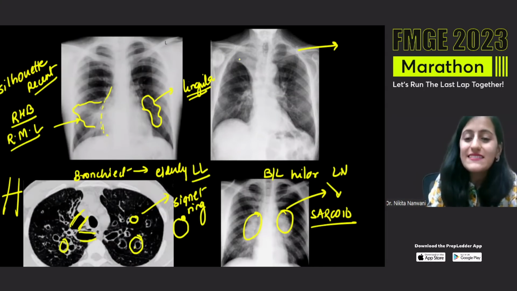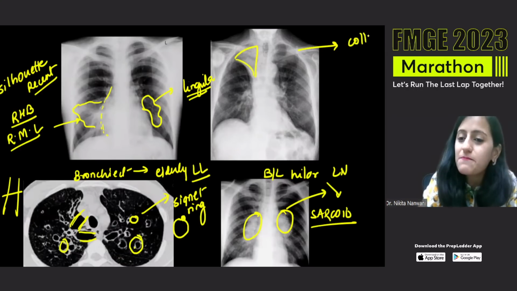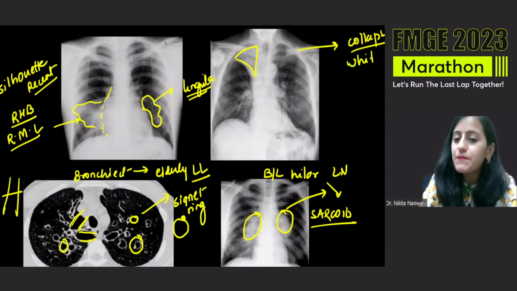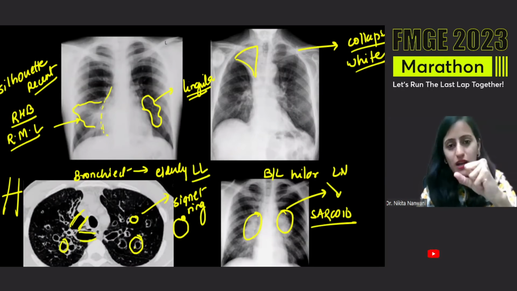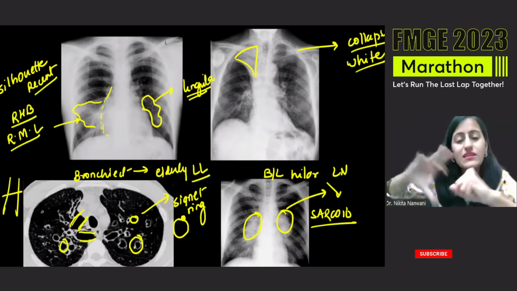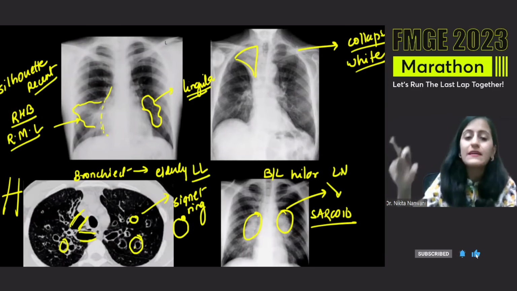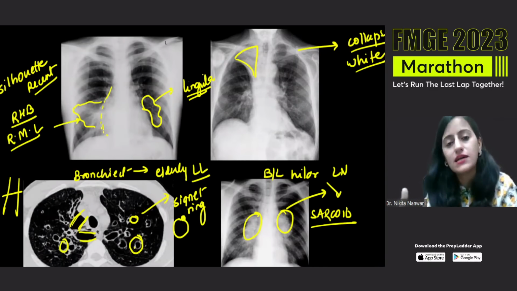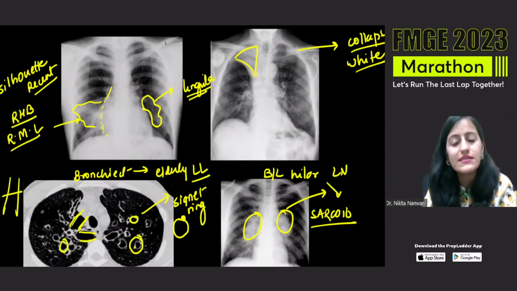So this is a collapse. First of all, does collapse appear black or white on X-ray? Collapse appears white on X-ray. Why? Because collapse means the air has gone out, the air is absorbed. So there is no black air. Even consolidation is white because consolidation means solid lung. From air containing, it has become more solid, so density increasing, it is white.